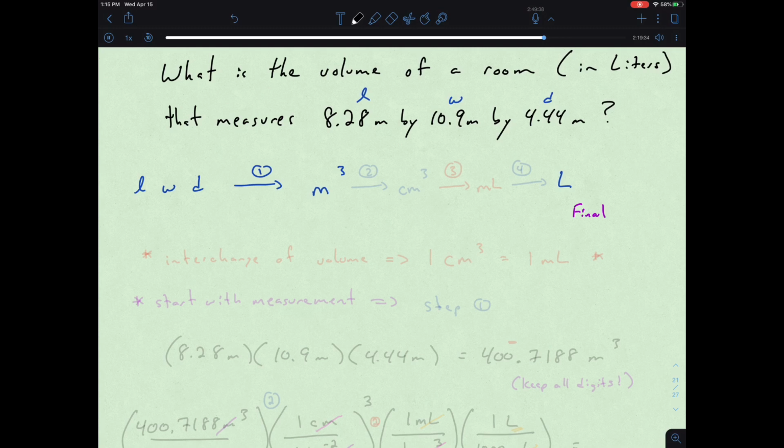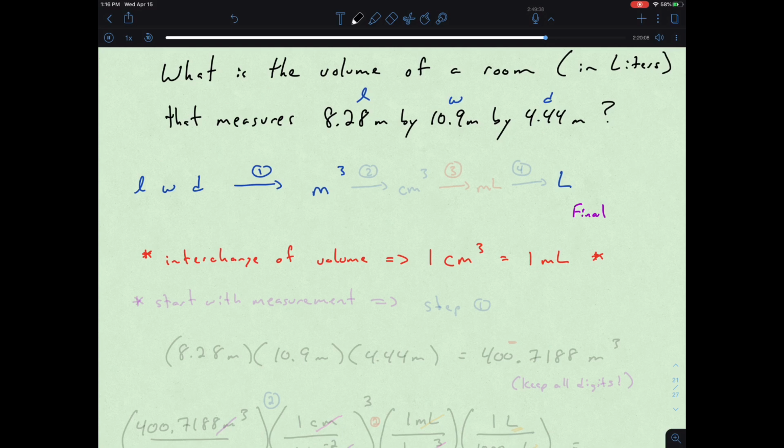And so then the question is how can I get to this other unit of liters? Technically, these are both scientific international units. But for the interchange of volume, I like to use the centimeter cubed is equal to a milliliter.